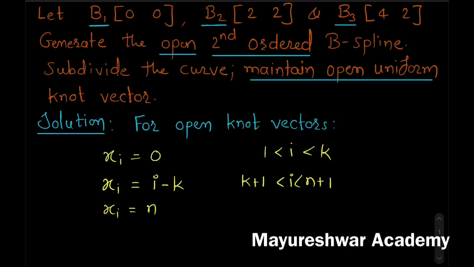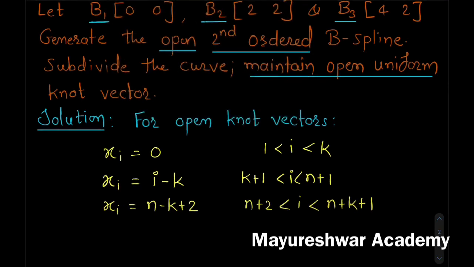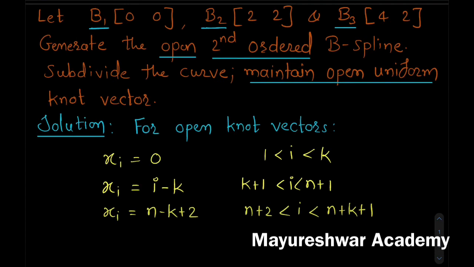Also x_i is n minus k plus 2 when i is in the interval n plus 2 to n plus k plus 1. So we need to understand what these k's and i's are.